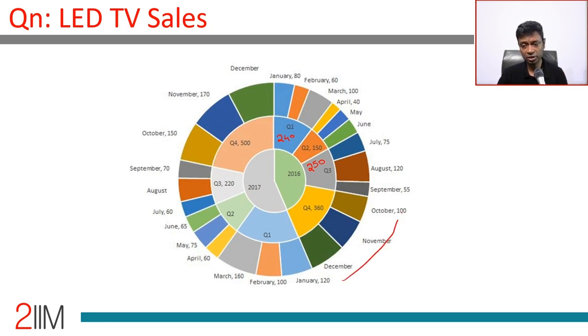But remember, these 3 terms are in an AP. These 3 terms are in an AP. So we'll come back to those two. Q1 2017. This is 2017 data. Q1 2017, 120, 100, 160. 120 plus 160, 280, 380. The total becomes simple enough. Q2 2017, 65 plus 75, 140 plus 60, 200.